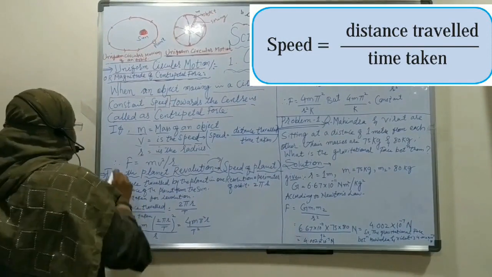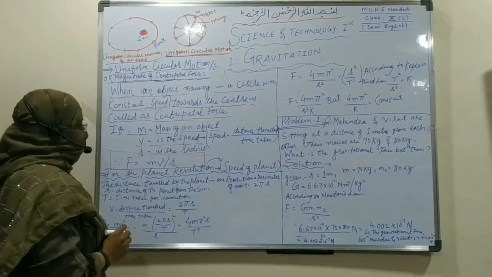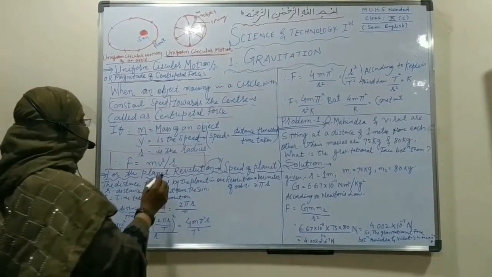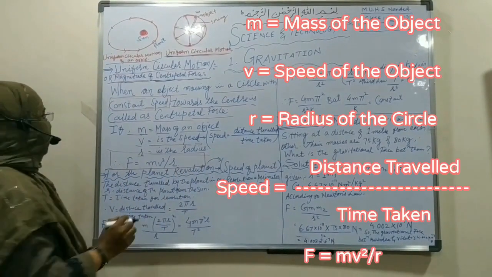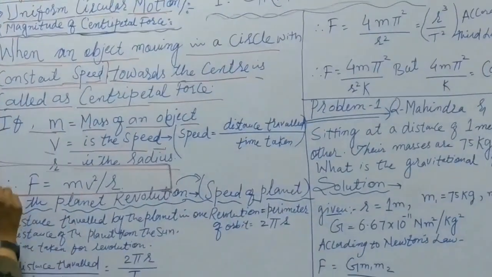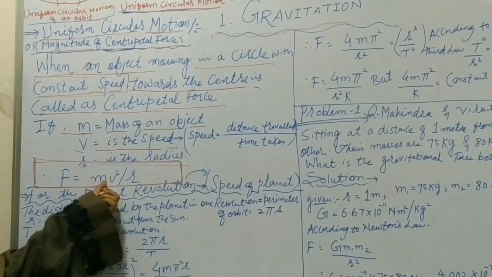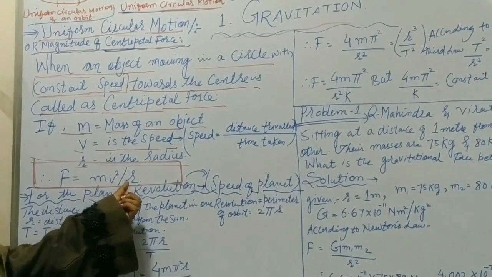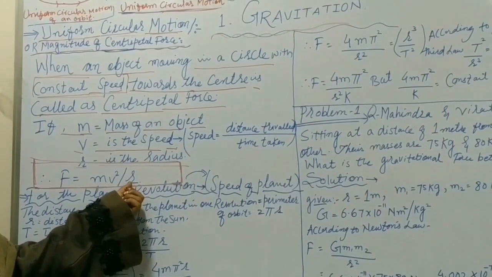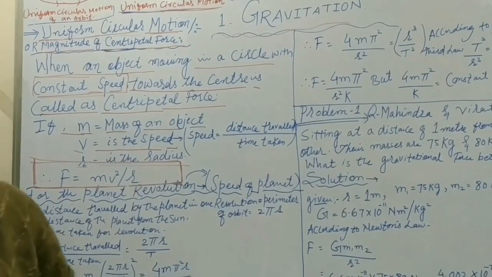Then the force will be F is equal to mv square upon r. So this is the formula for the force, where m is mass, v is velocity and r is radius. Dear students, this formula is used for the earth's surface.